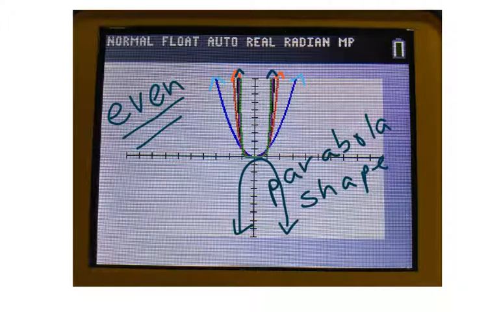So a positive even degree function is going to have end behavior that goes up on both sides, and a negative leading coefficient is going to make it flip, where the end behavior on both sides is going down.